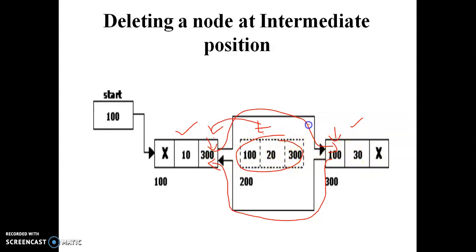Temp of right is this, and its left is this. This is assigned with temp of left. Temp of left is 10 node address. That is assigned as the 30 node previous. So this exchange is done with two lines of code, so that we will delete the 20 node from the memory.